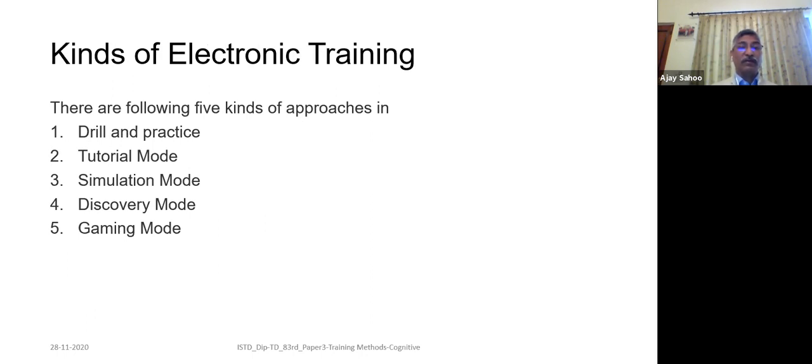Learning can happen on the tutorial mode, on simulation mode, like there are simulators for, say, an aeroplane, or simulator for driving. So on the simulation mode, on the discovery mode, like what we did when we started off this session was learning on the discovery mode.